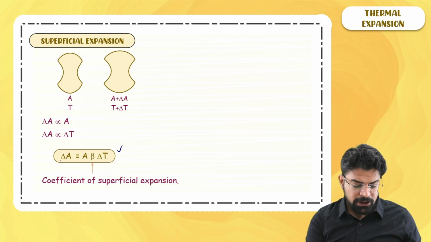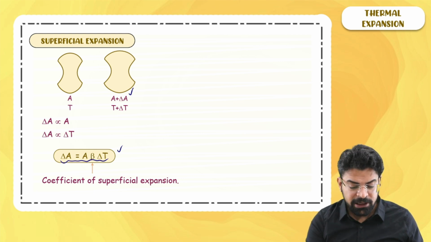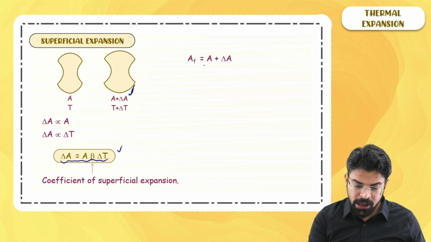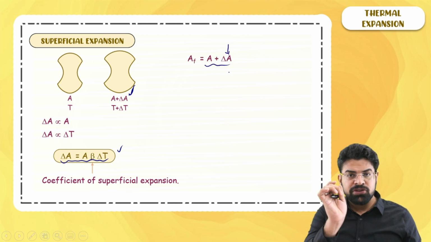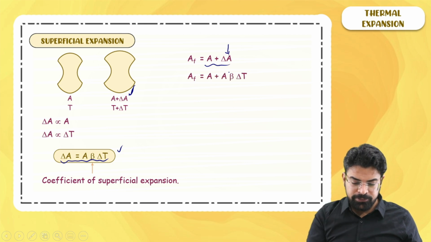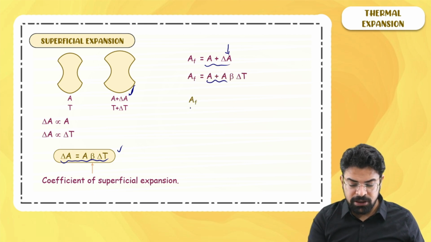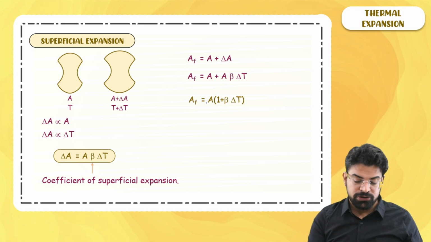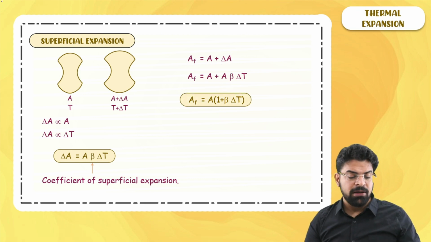So you can even say the final area after heating is original area plus change in area. Now you can write change in area as original area into beta into delta T, and then take A common. So the final area after heating equals original area into 1 plus beta delta T.